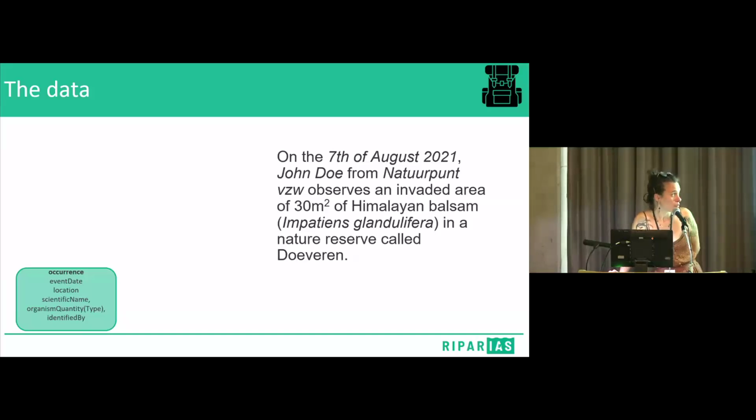If you read this example, it is quite simple in terms of Darwin Core mapping. It's just an occurrence core containing an event date, location, scientific name, organism quantity, type, and identified by.